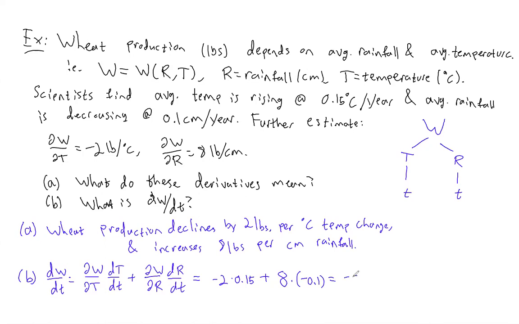So this becomes -0.3 minus 0.8, which in other words is -1.1 pounds per year.